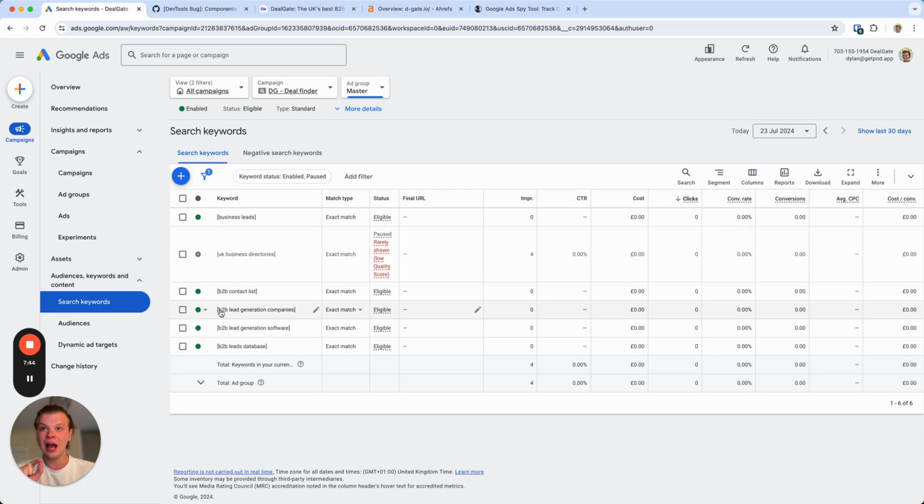As you can see, I have a 4-word match keyword here, and the reason I do this is to give the Google engine as much data as possible. I don't just want people who are looking for lead generation companies, I want people who are looking for B2B lead generation companies.